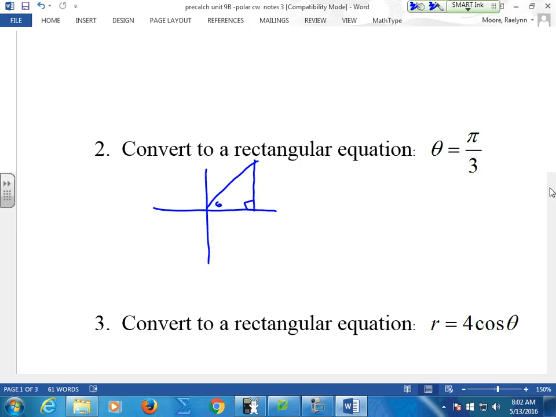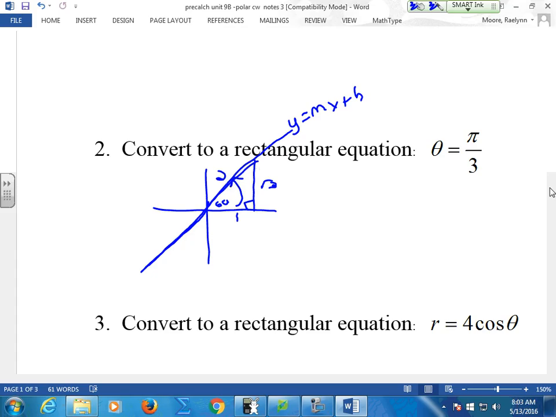And I label my sides how? Square root of 3, 2, 1. Now if I extended this line all the way down, I'm going to get a rectangular equation because it's going to sit on this terminating side, and it's going to be a y equals mx plus b type of thing when I'm finished with it, shouldn't it?